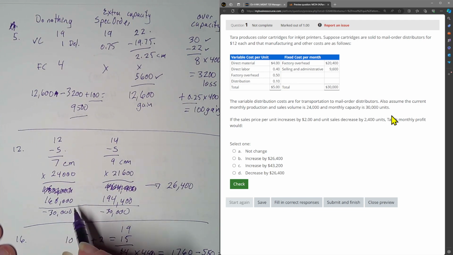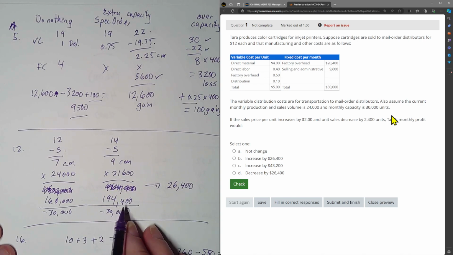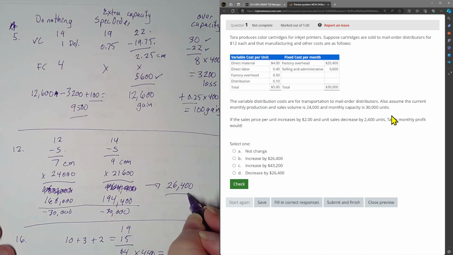Or if we had subtracted it out, it would have come to the same difference. Whether you subtracted out 30,000 or left it as is, it would have come to a difference of 26,400, an increase. So by charging a little more, even though we have a little drop in sales, the increase in dollars per unit outweighs the decrease in the number of units sold.